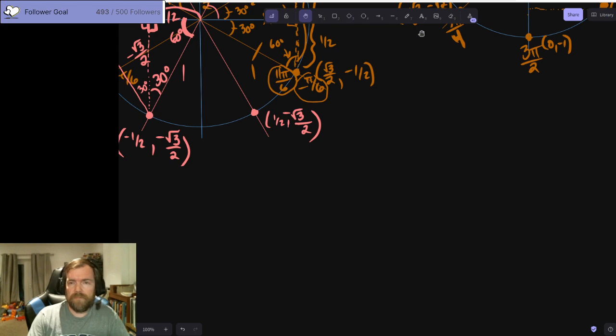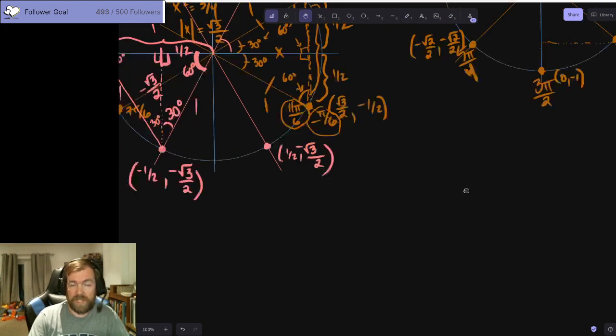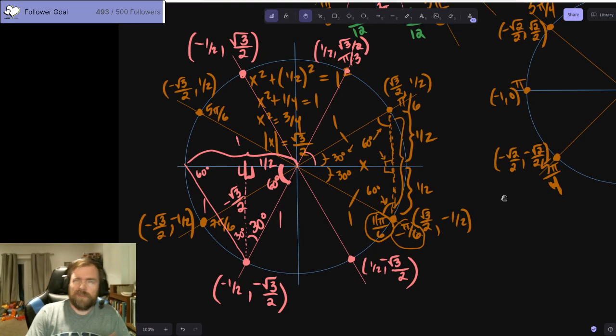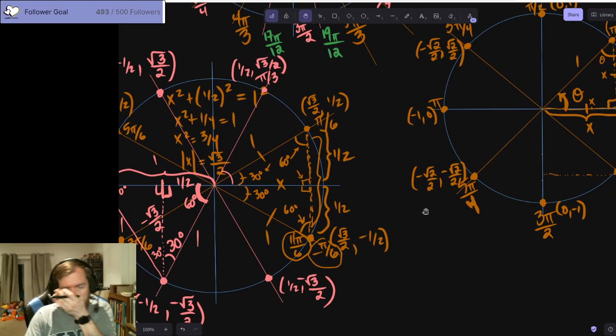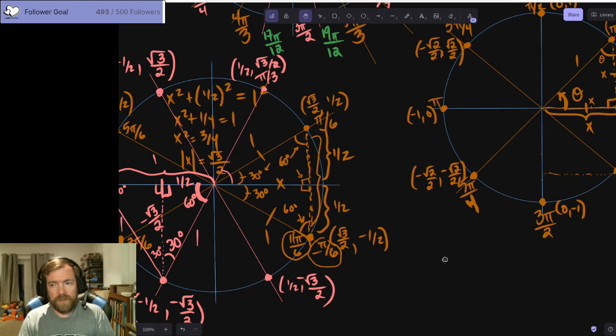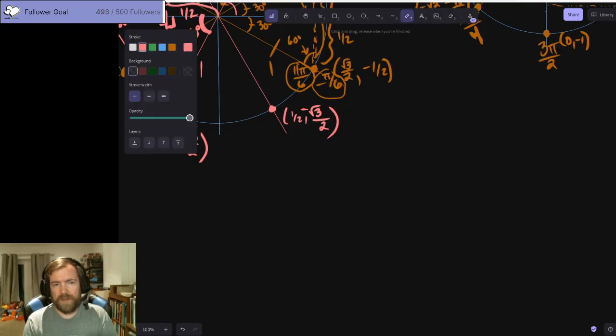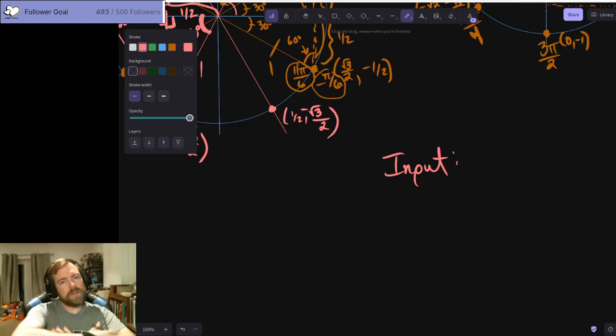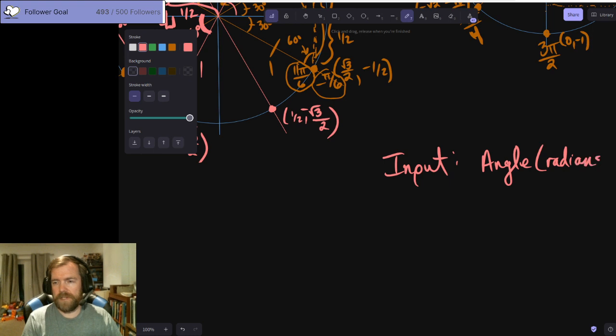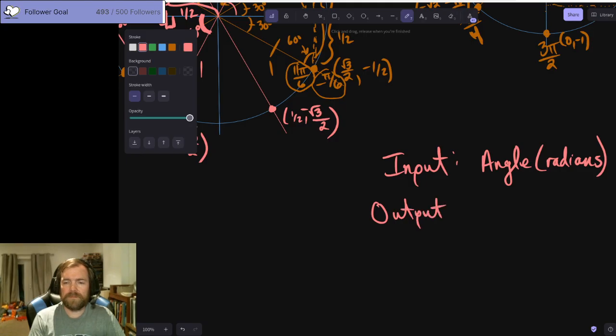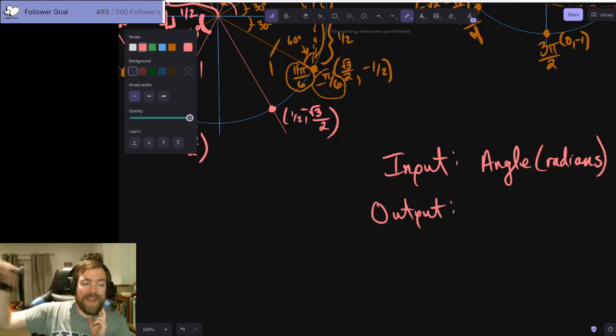But, right, here's the other thing. What we have now is a series of inputs, which is going to be the amount that we have gone around this circle. So this is going to be our angle in radians, because I said so. Right? And we can have our output.